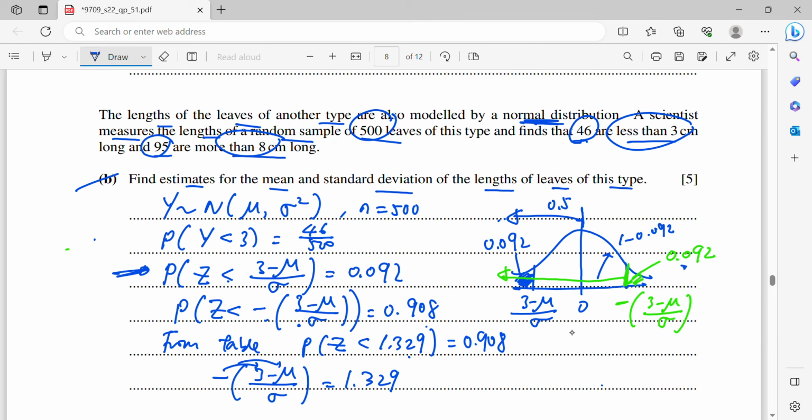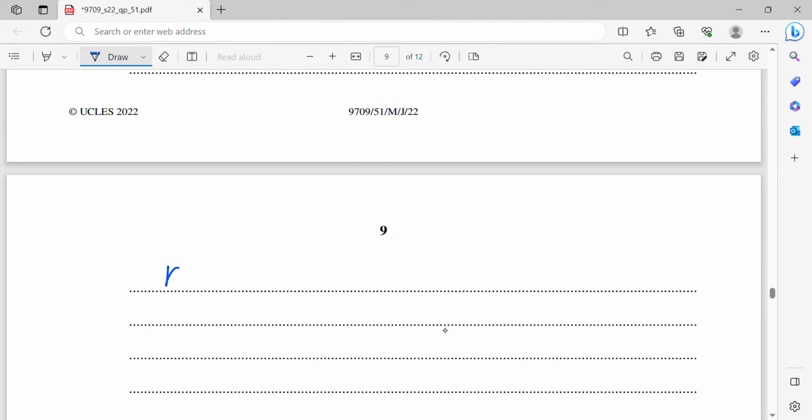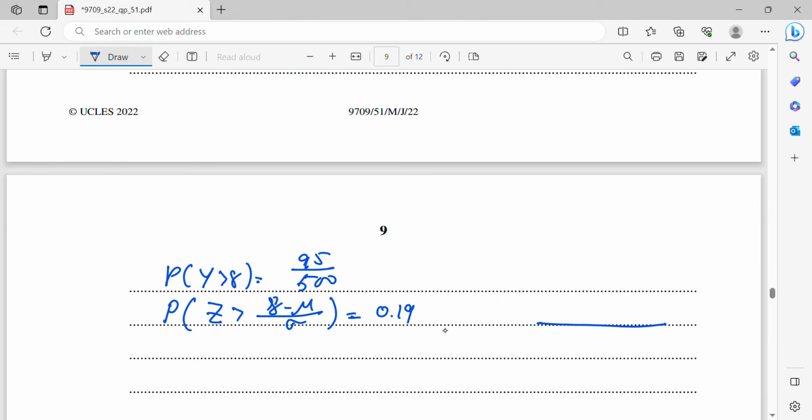So the next probability is more than 8, and it is 95 over 500. Again, we standardize it. 95 over 500 is 0.19. Now draw the graph. The line is on the right hand side because the probability is small.